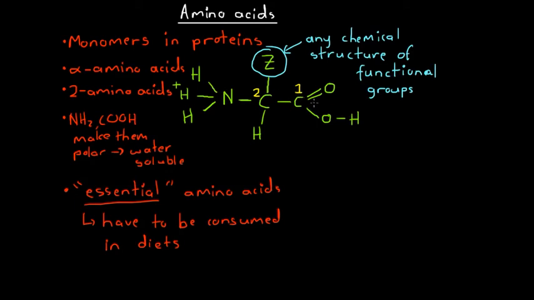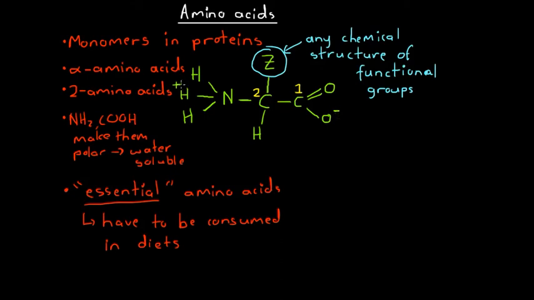So they can act as acids and bases, and it is actually possible, in fact, for an amino acid to act as both an acid and a base at the same time. It can donate this hydrogen from the carboxyl group and accept a hydrogen into this amino group at the same time. And so up one end we have a negative charge, and up the other end we have a positive charge.